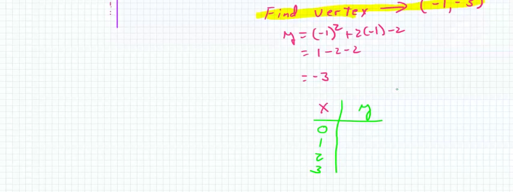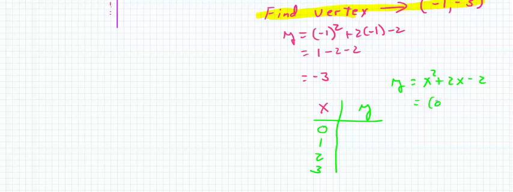My equation, remember, is y equals x squared plus 2x minus 2. If x is 0, 0 squared plus 2 times 0 minus 2, that's -2. If x is 1, y equals 1 squared plus 2 times 1 minus 2 equals 1.